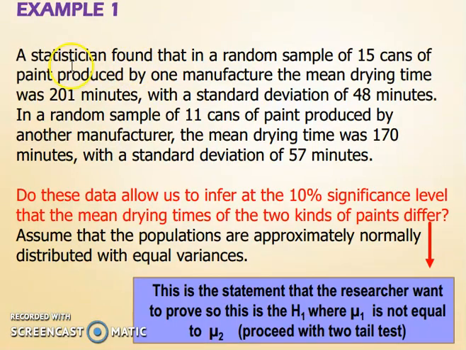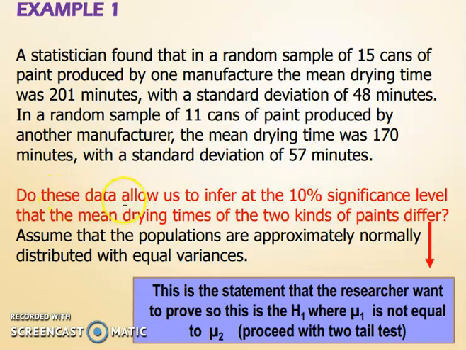So in this example, a statistician found that in a random sample of 50 cans of paint produced by one manufacturer, the mean drying time was 201 minutes. Standard deviation, the S, is 48. And in the second sample, 11 cans from another manufacturer, meaning that sample 1 and sample 2 are independent samples, the mean was 170, standard deviation is 57 minutes.